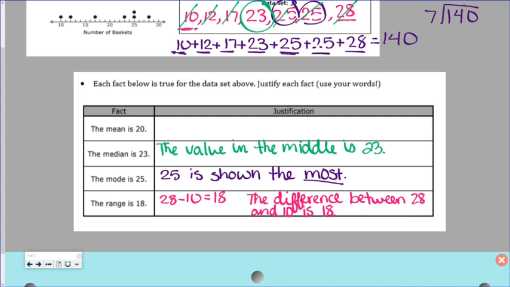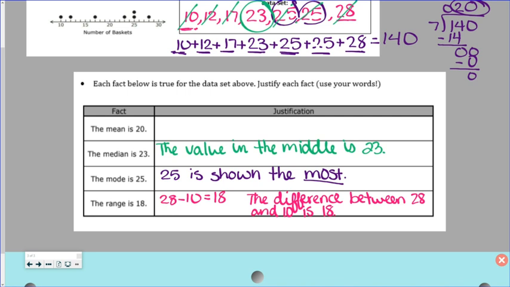Yes, it goes into 14 twice. We have 2, 14, and we'll subtract, bring down our zeros. 7 goes into 0, 0 times. So our answer is 20. So the mean is 20.